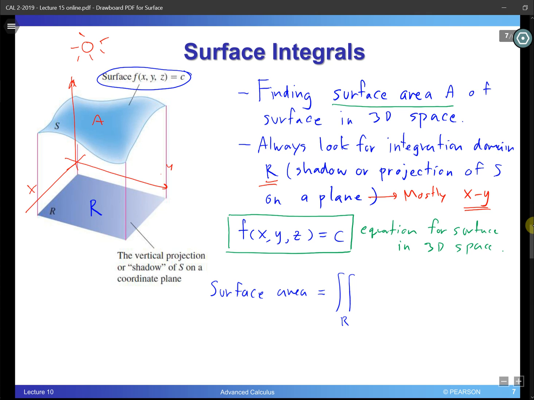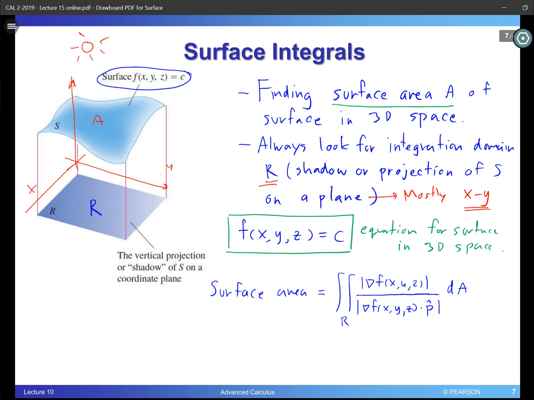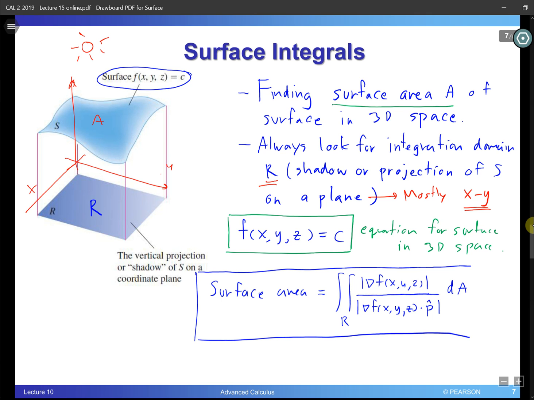Inside the double integral, you find the absolute value of the gradient of F(x, y, z), divided by the absolute value of the gradient of F(x, y, z) dot p hat, also in absolute value, and then you perform this double integration over the integration domain. This is the formula to find the surface area, or the surface integral.